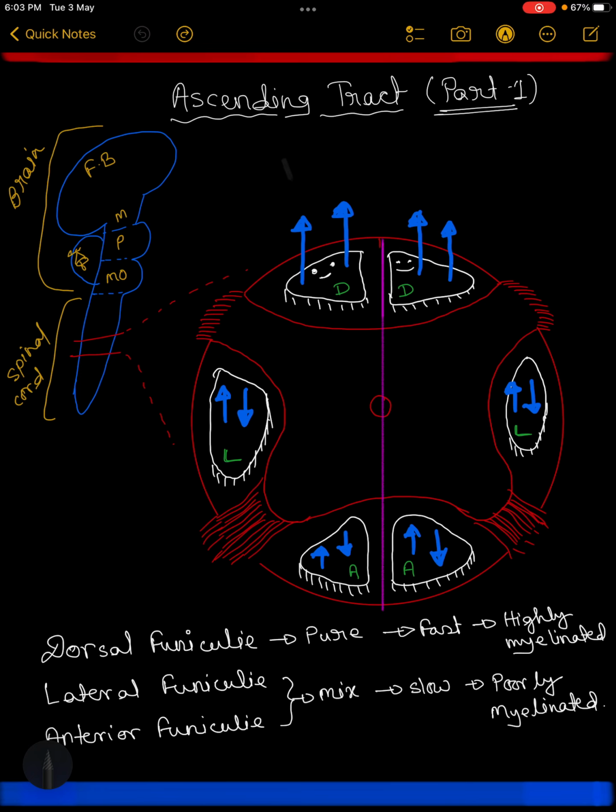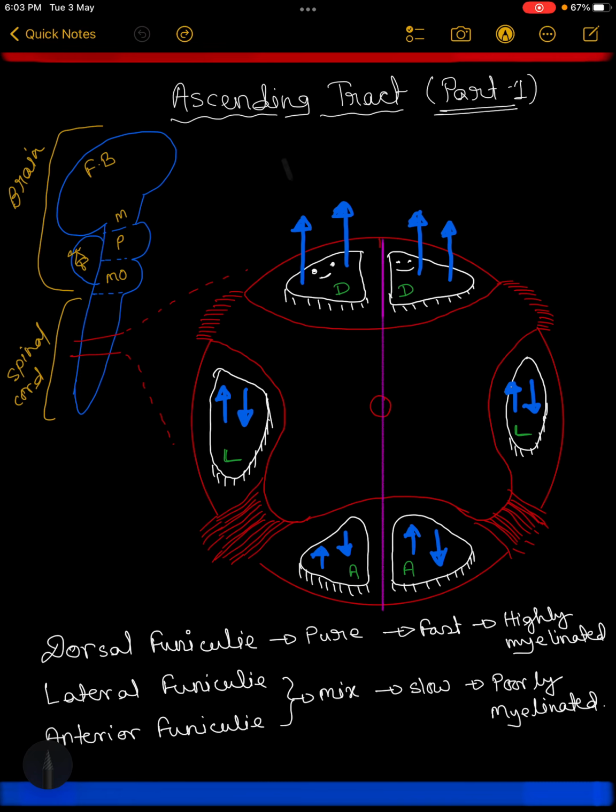According to their locations, we name it differently. Dorsally present white matter is known as dorsal column. Laterally present white matter we will say lateral column, and anteriorly present white matter will be known as anterior column.